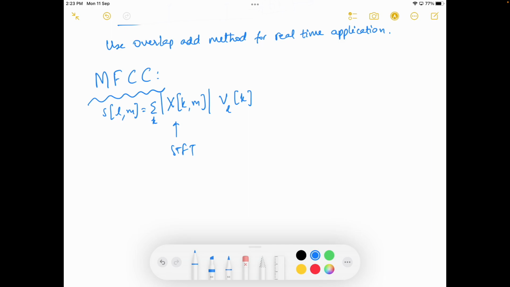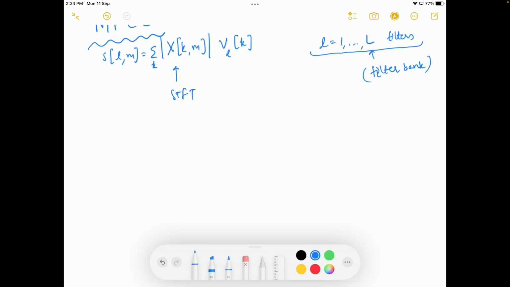So there are L filters, let's say l goes from 1 to capital L. This whole thing is a filter bank, a bank of multiple filters. L number of filters are there in this. Okay, and so we get S[l, m].